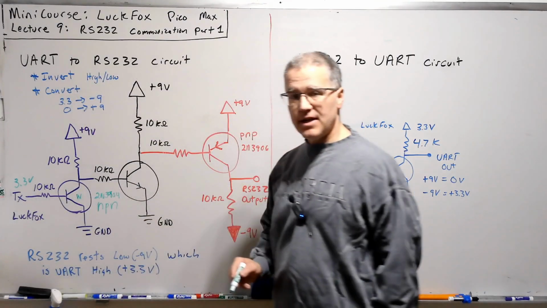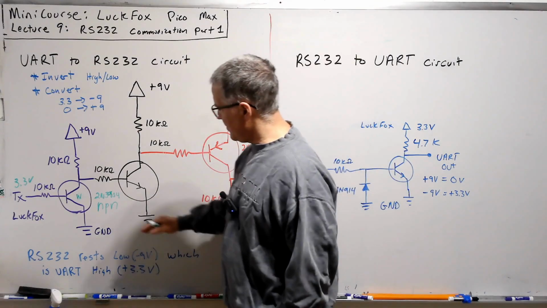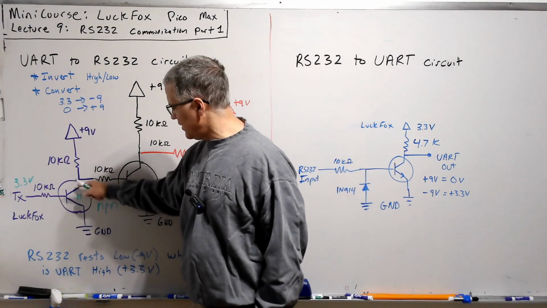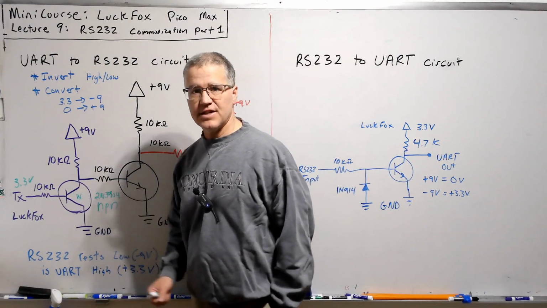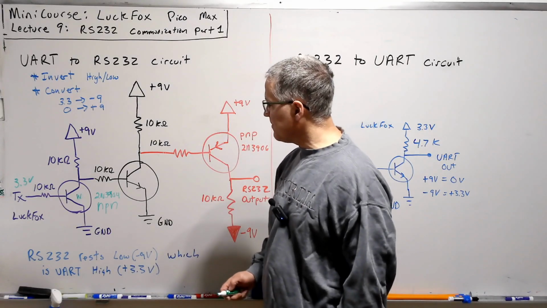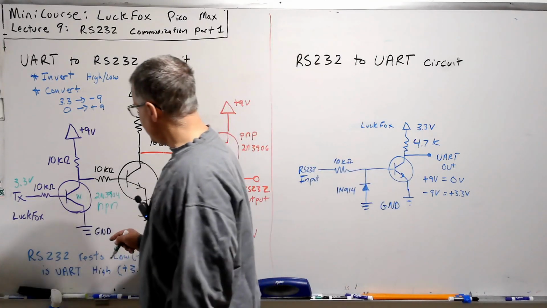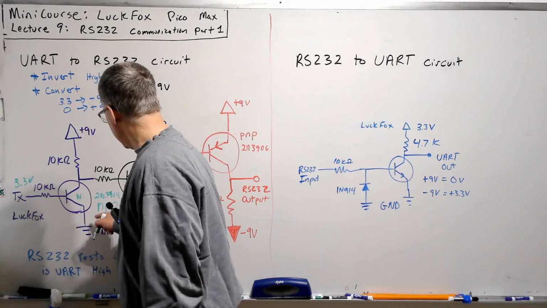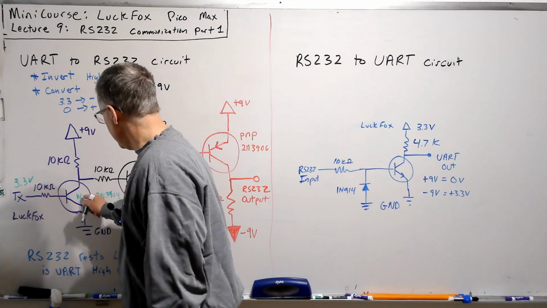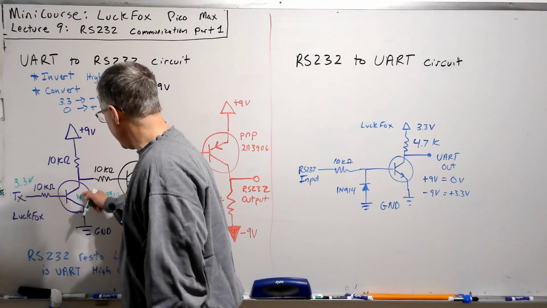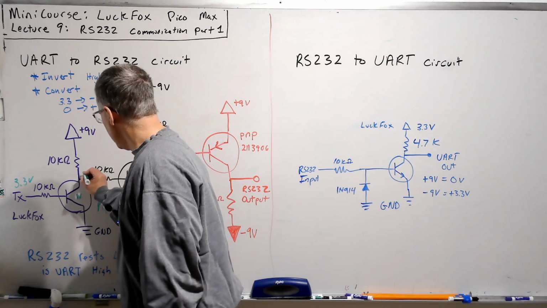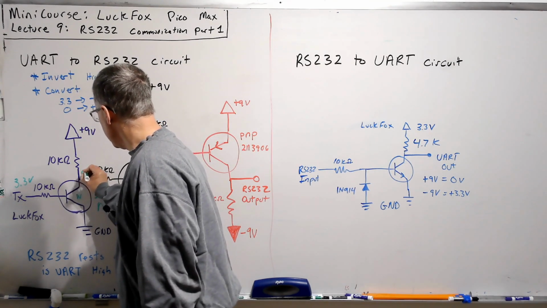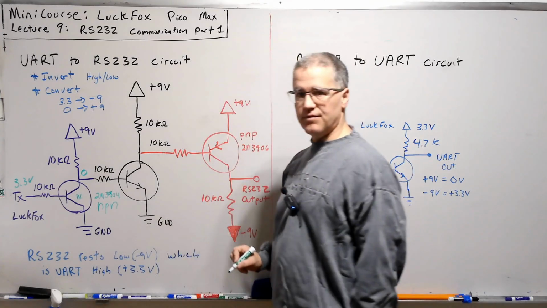So in our minds, we can think of this now, because there's current flowing through here, effectively this is acting as a wire. And so what that's going to do is ground this side, so this will be 0 volts here.